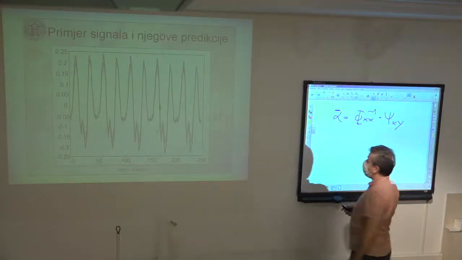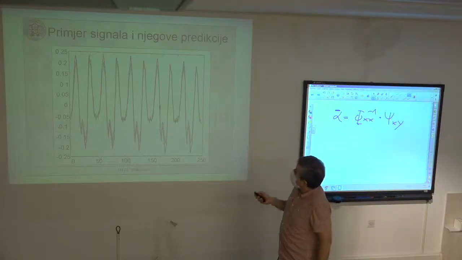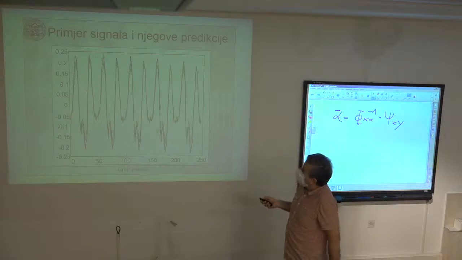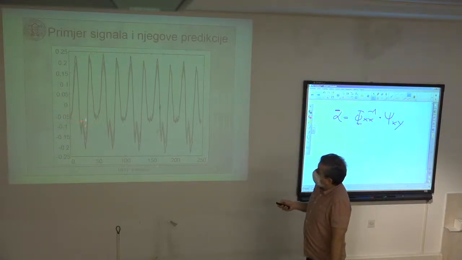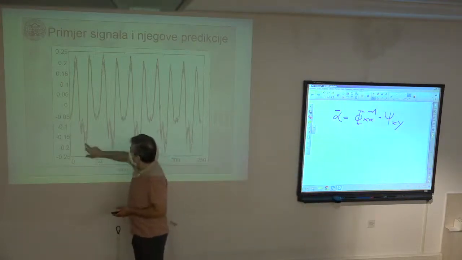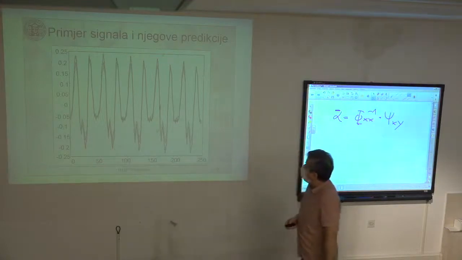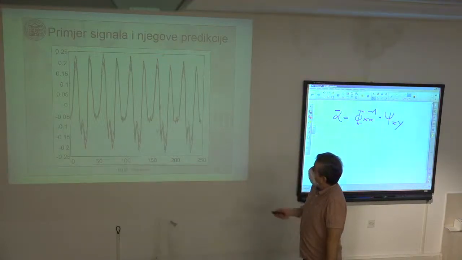The proof that this is very powerful is shown here. This plot shows a segment of a vowel, I think it is a vowel U. The solid line is the actual sample values, so the actual waveform, and the dotted line is the predicted value, where I use 10th order prediction.